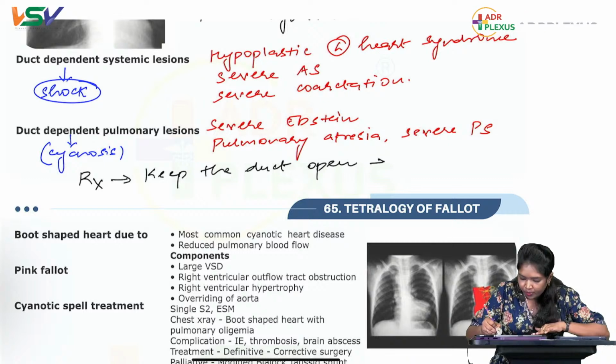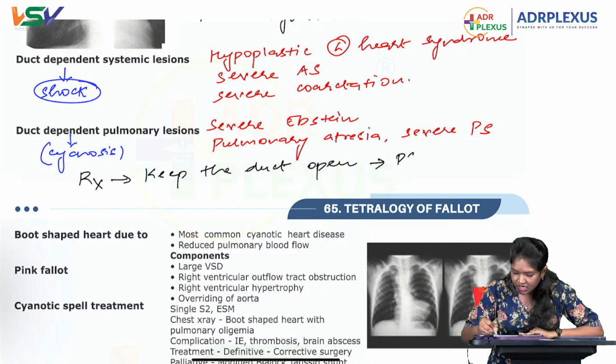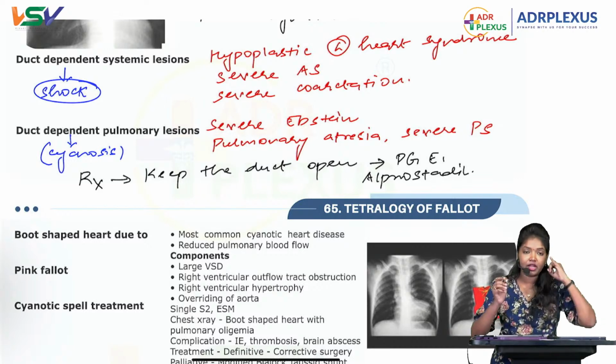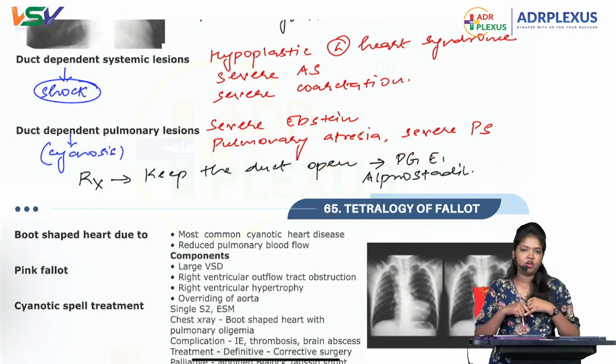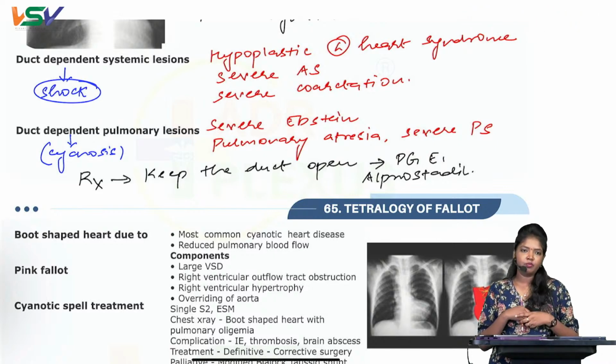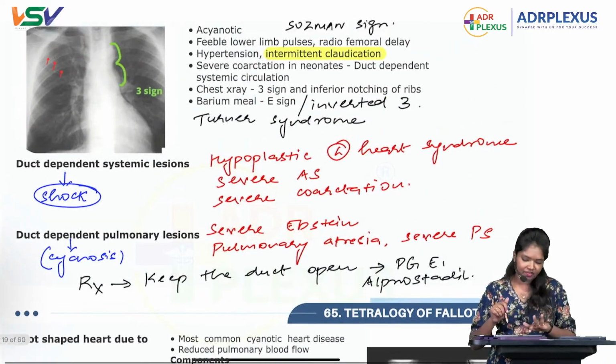Prostaglandin E1 analog called alprostadil. To close the duct, you will use indomethacin or ibuprofen. Clear? So where to use what is very, very important.